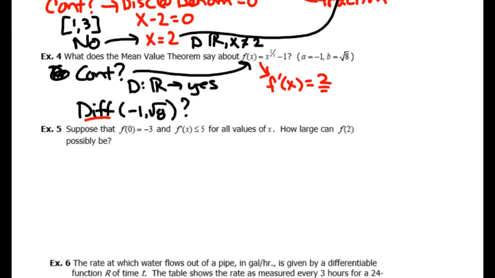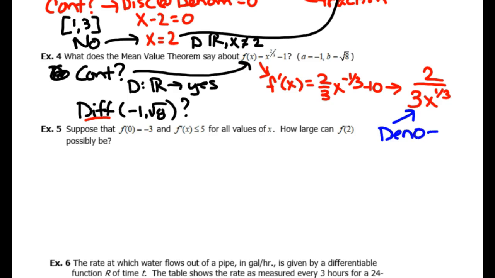2/3 x to the -1/3 plus 0. Write that as a fraction. That's really 2 over 3 x to the 1/3. I notice now that I have a denominator, right? And I know that that denominator cannot equal 0. That denominator equals 0 at 0. And is 0 in the middle of this interval right here?